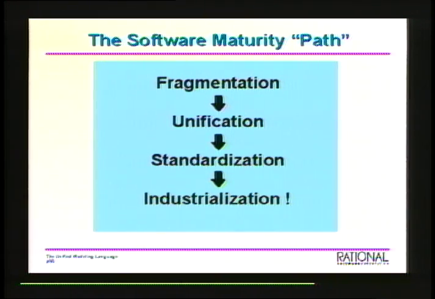That will result in standardization. We will get a standard for modeling these kinds of systems. And I think that is a need. If we really are going to become a mature software industry, we need to get the standard as a platform to do that.